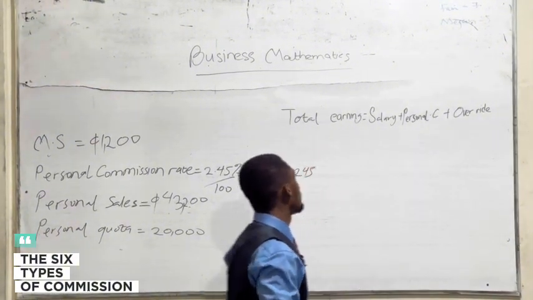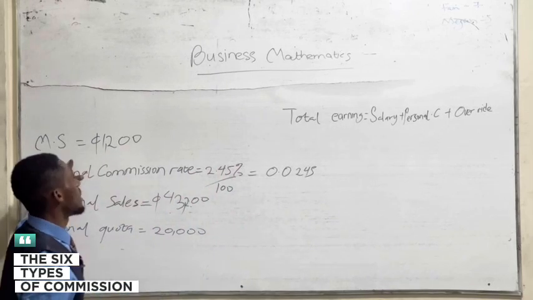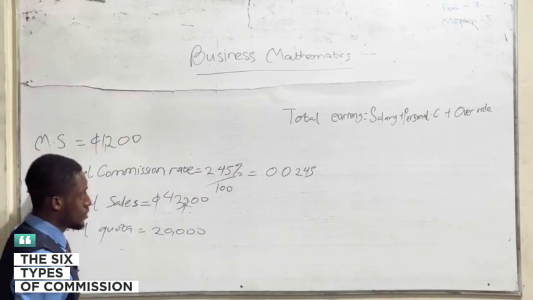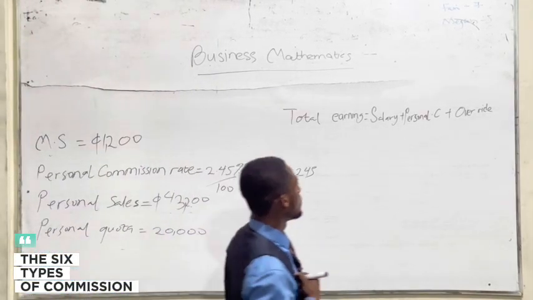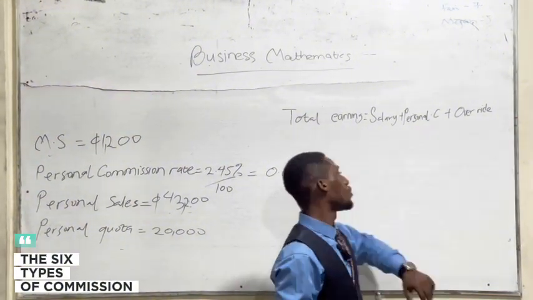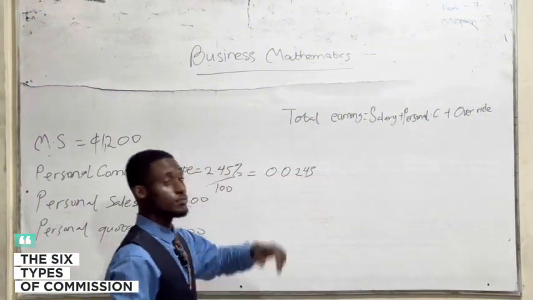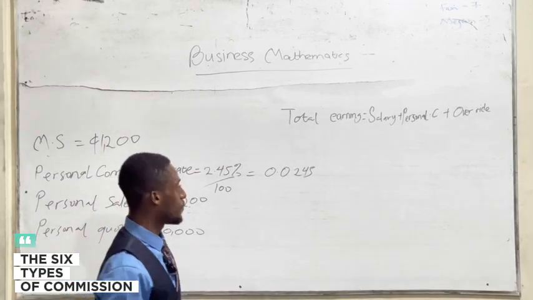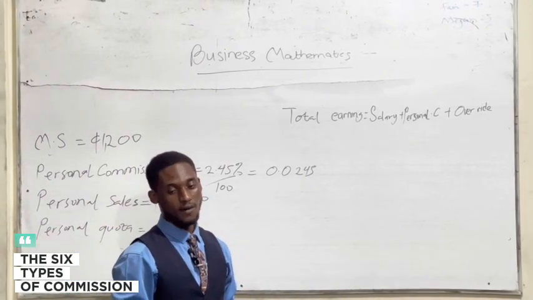Here, our monthly salary has been given. It's up to us to find personal commission and also to find override. So we are finding personal commission first before we move on to override.